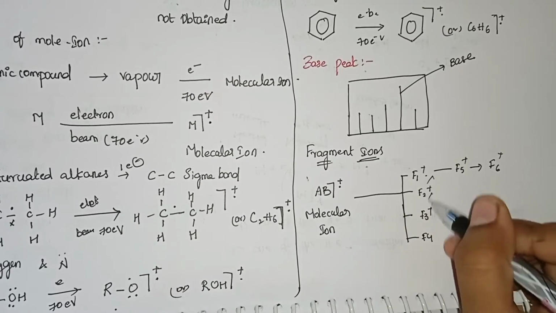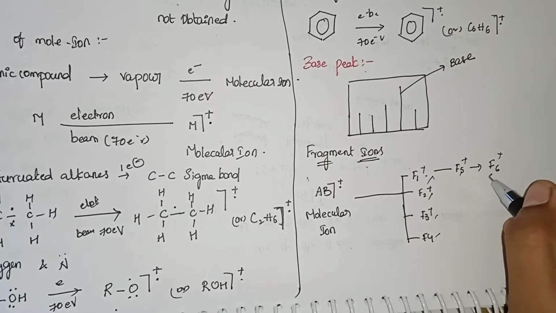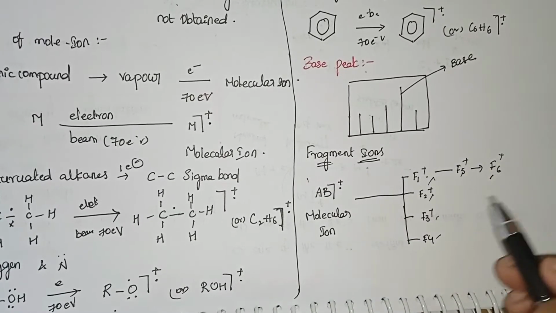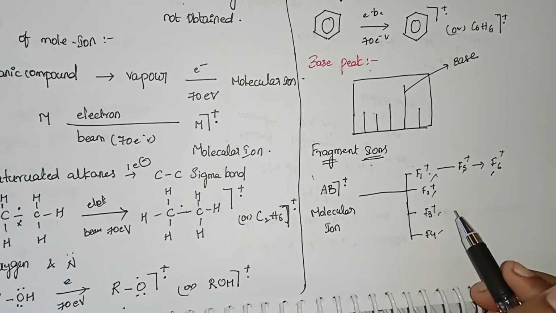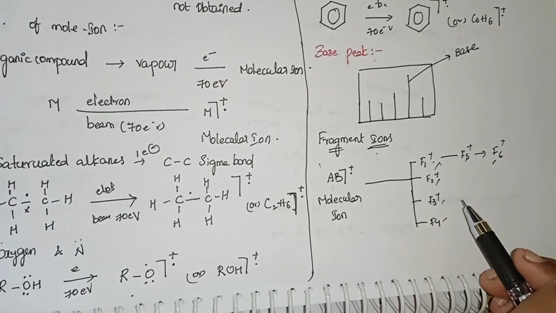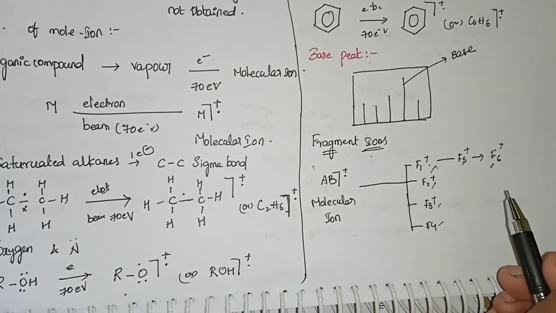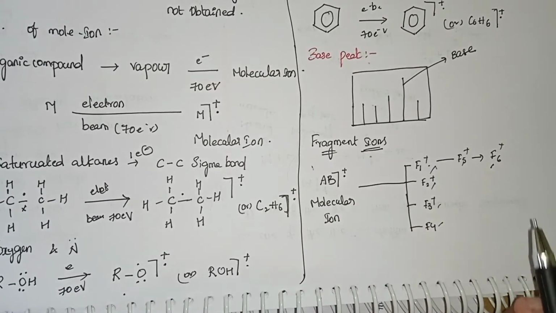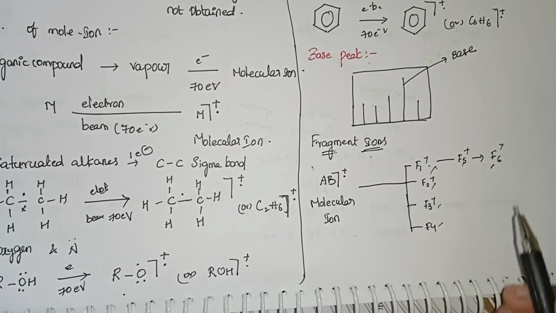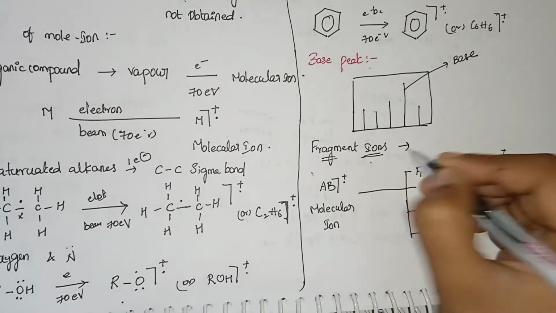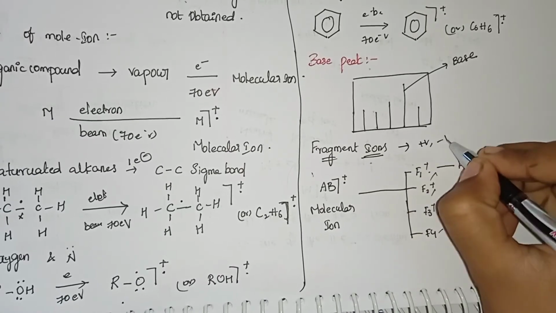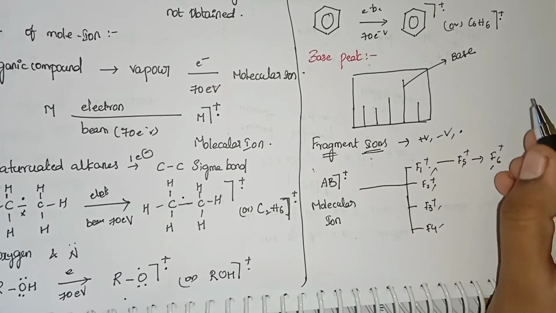These are known as fragmented ions or daughter ions. A fragmented ion carries a positive charge, negative charge or radical.